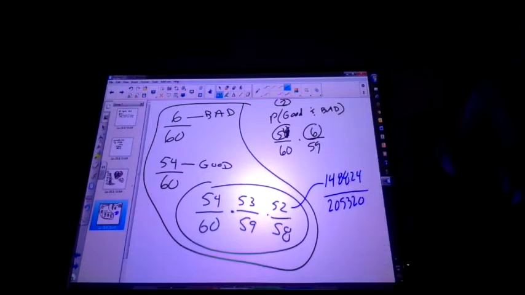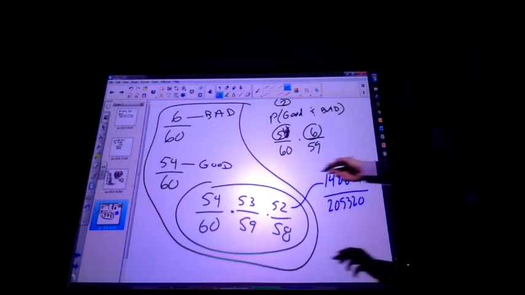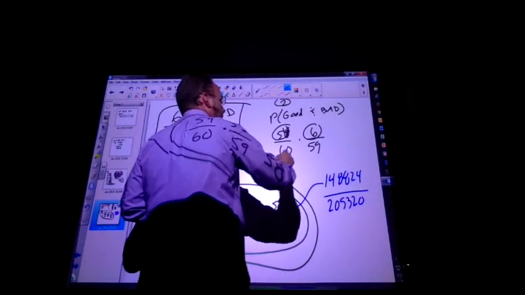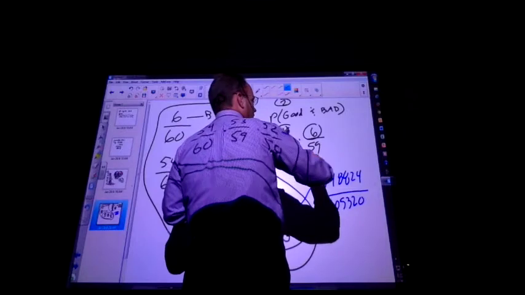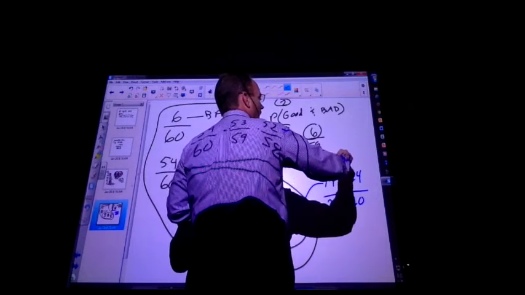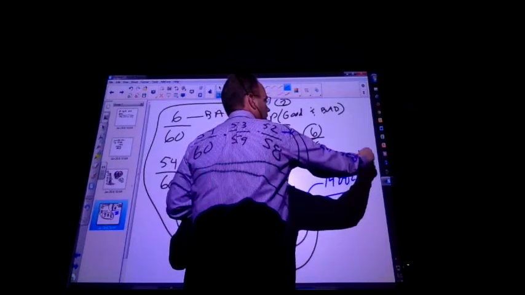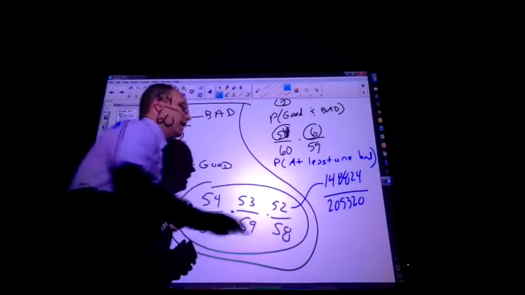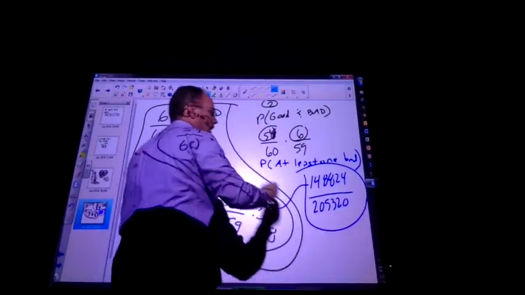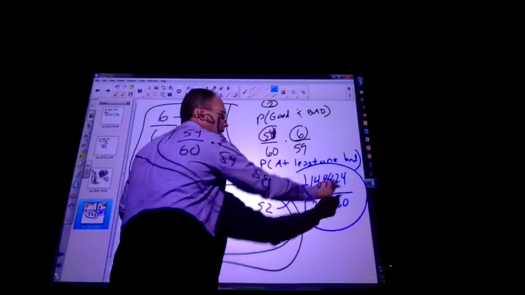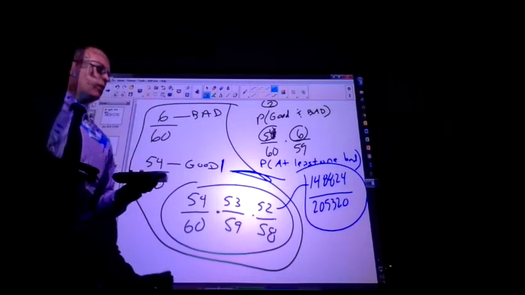Okay, so without reducing this fraction, that's the probability that all three of those that I picked up were good. Now, if I wanted to answer this question, what is the probability at least one bad? You're going to take the probability that they're all good, and I'm going to go 1 minus whatever that is, which is nasty.